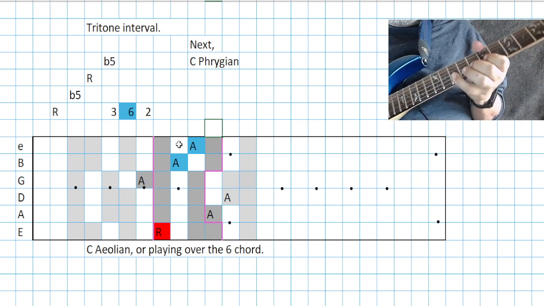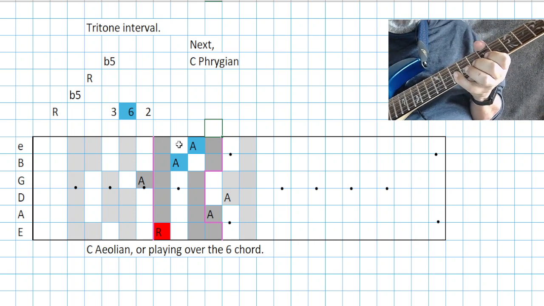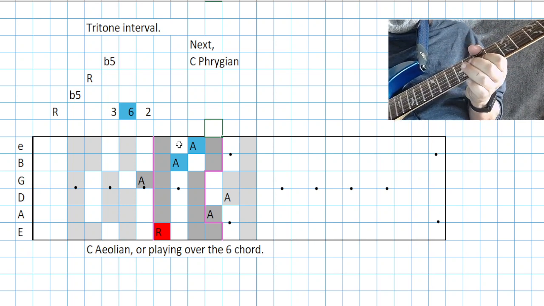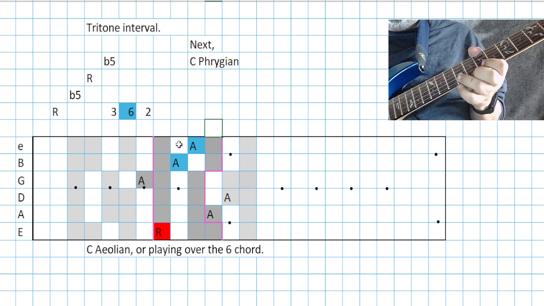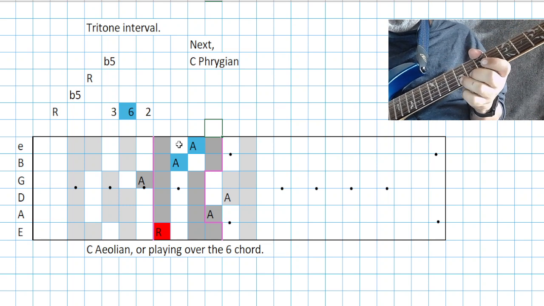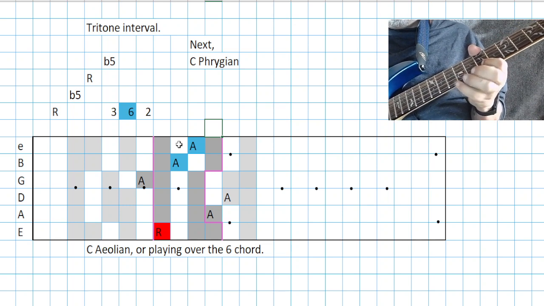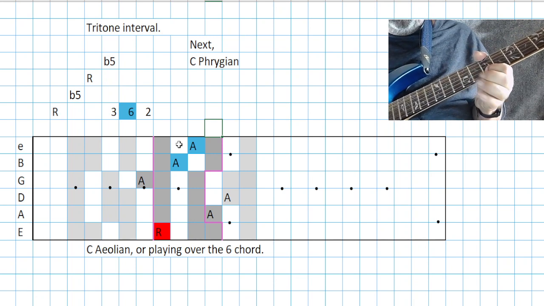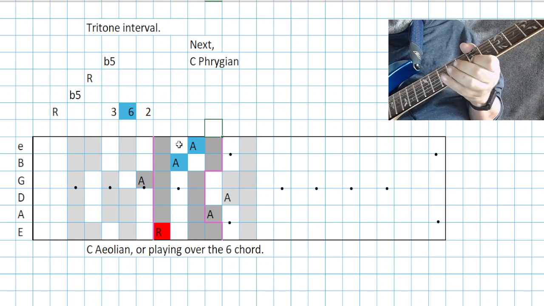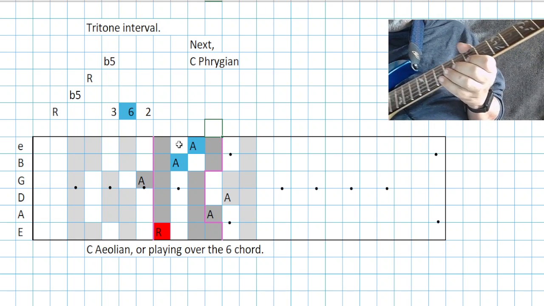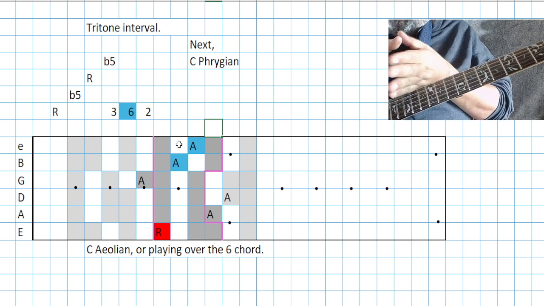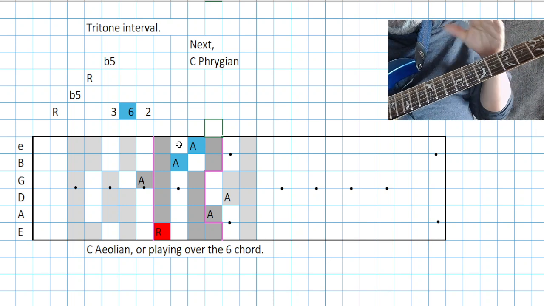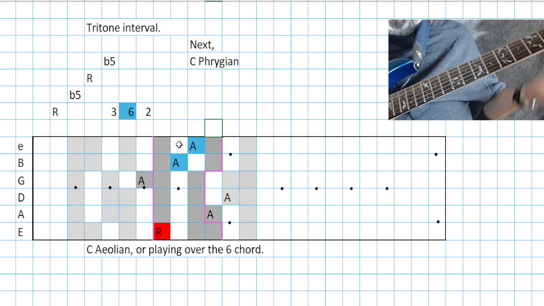Let's say you were playing a song where you got here based on a 6 chord, playing an Aeolian. Well, as long as you avoid this note, you could theoretically turn this into a Phrygian and be playing a 3 chord, and then you have available to you all the direction of all the chords that are available in this key that this 3 chord is coming from.